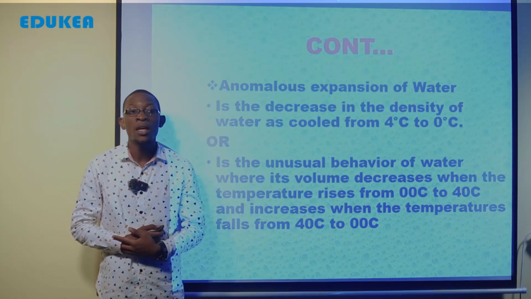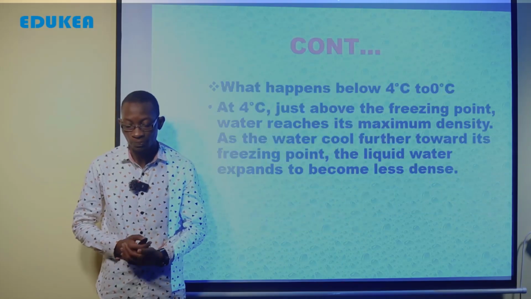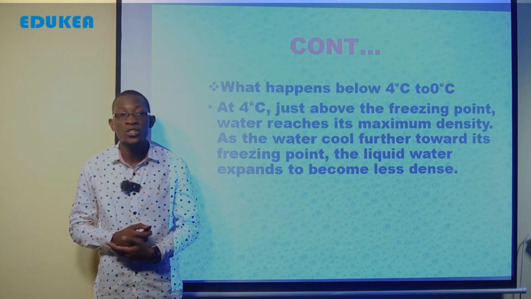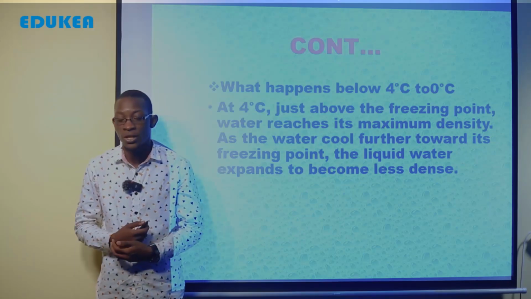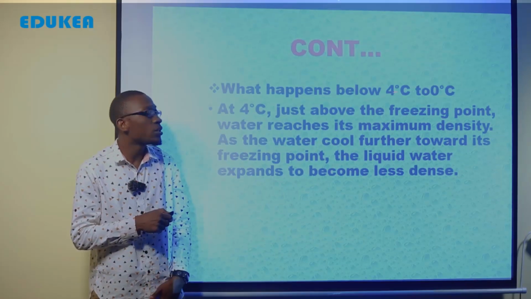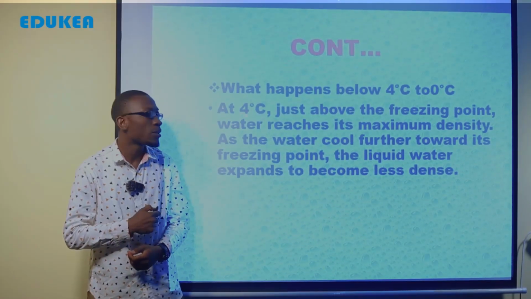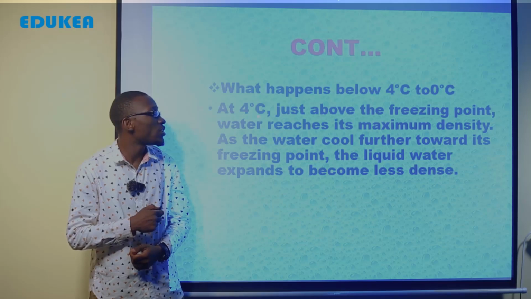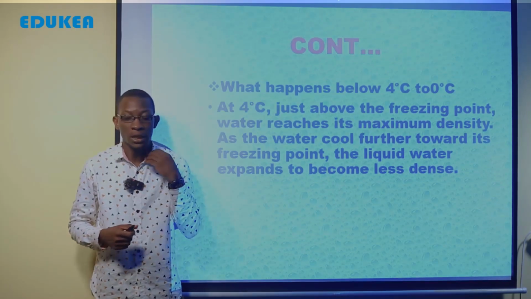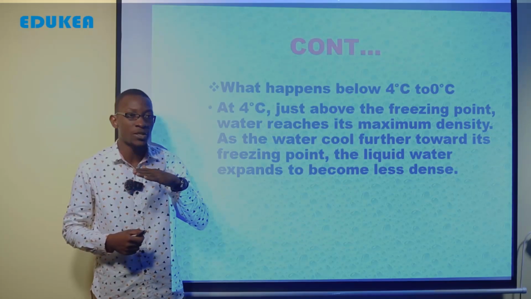So what happens from 4 degrees Celsius to 0 degrees Celsius? We say that at 4 degrees Celsius, just above the freezing point, which is the temperature above the freezing point, we know that the freezing point is 0. So at 4 degrees Celsius, just above the freezing point, water reaches its maximum density.